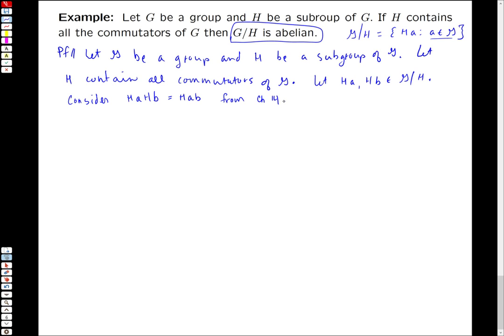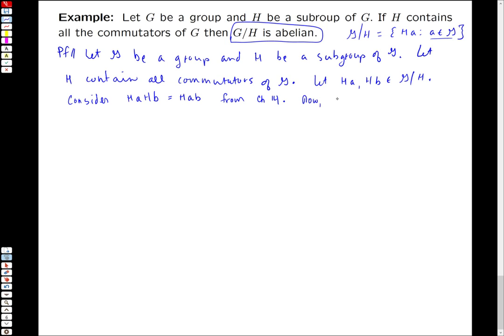Now, we have these commutators. They have to come into play here somehow. How do I use my commutators here? Yeah, well, I want to look at this Hab.